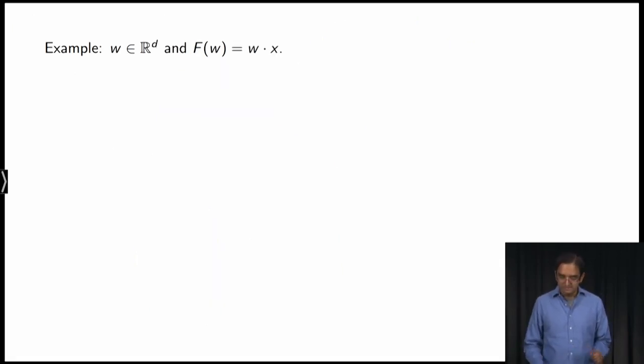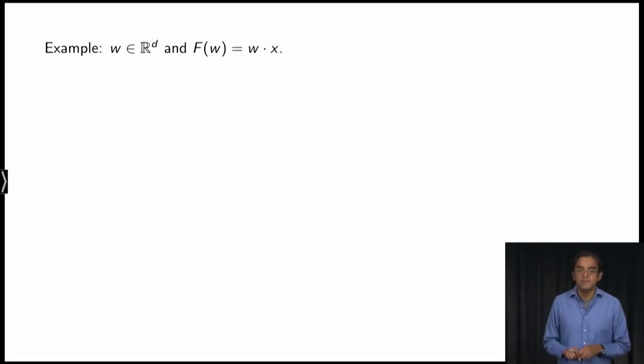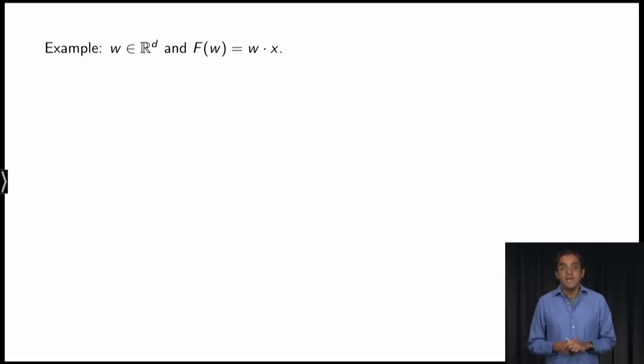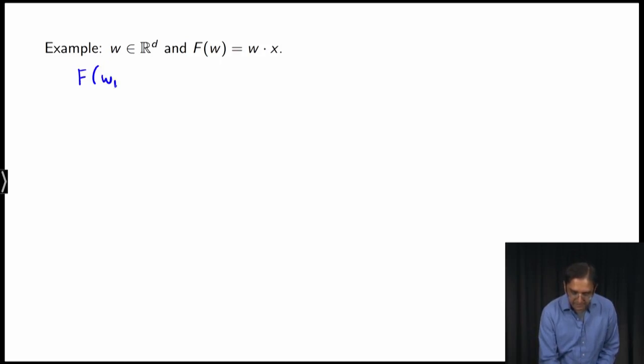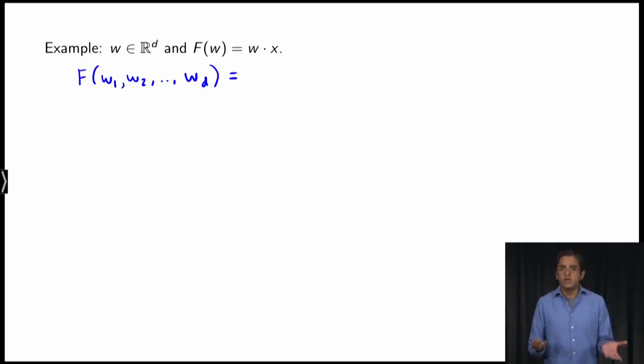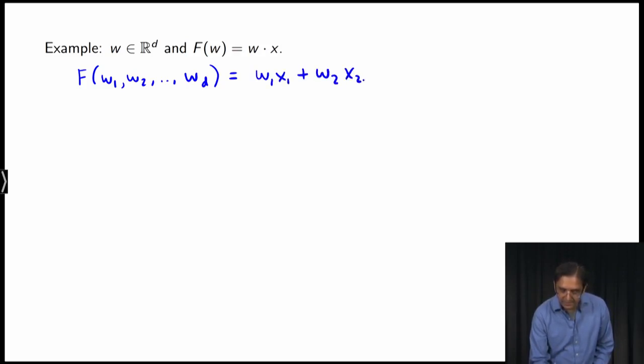Okay, let's do another example. Okay, so this time we have a function of d variables, w1, w2, all the way to wd. And what is the function? It's just the dot product of w and x. So it's w1x1 plus w2x2 all the way to wdxd.